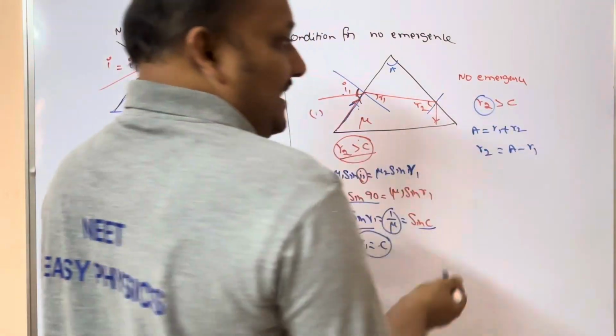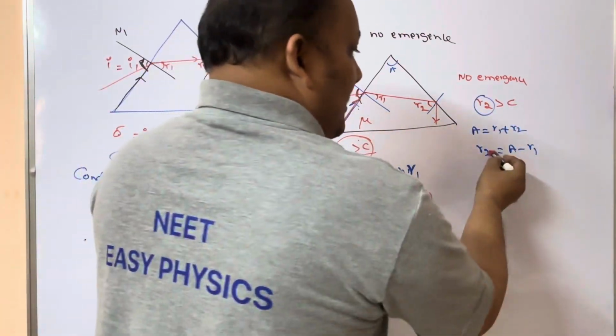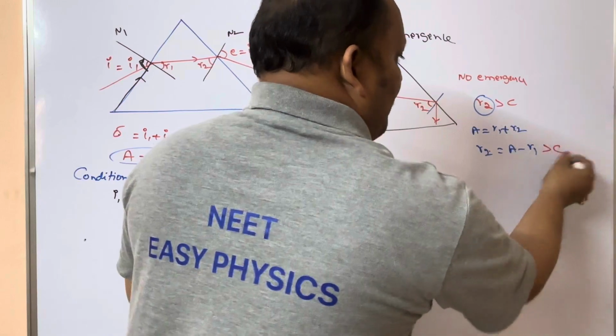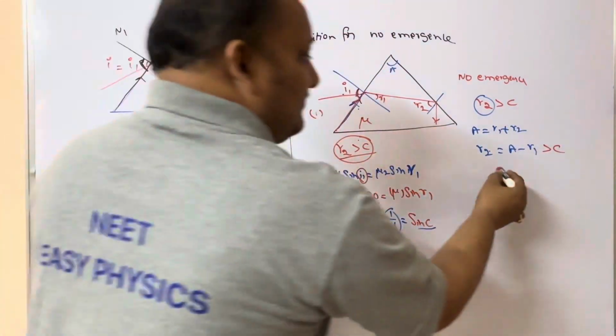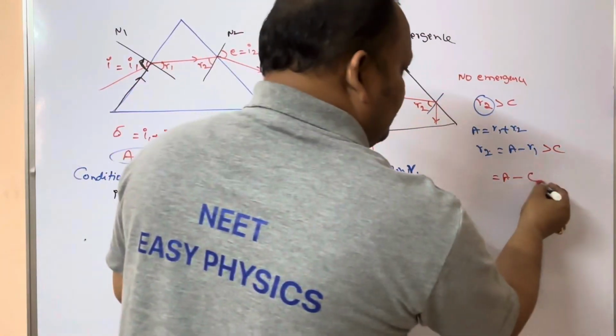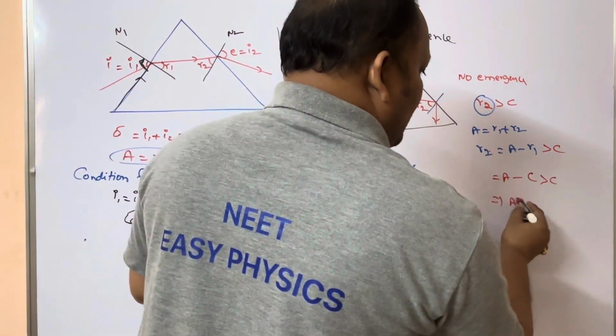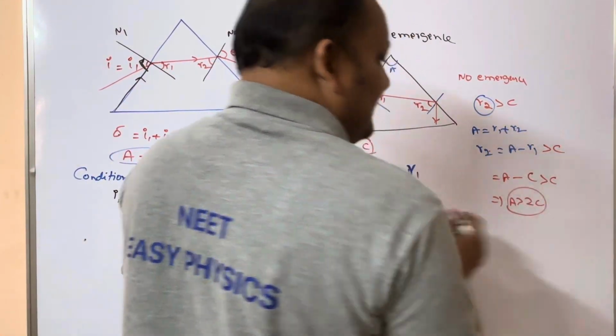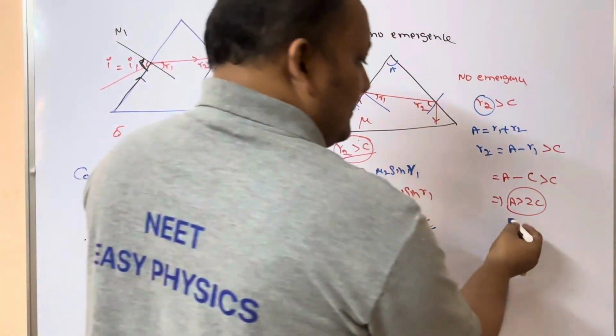This R2 should be greater than C. Then A minus C is greater than C, which implies A is greater than 2C. This is the condition for no emergence.